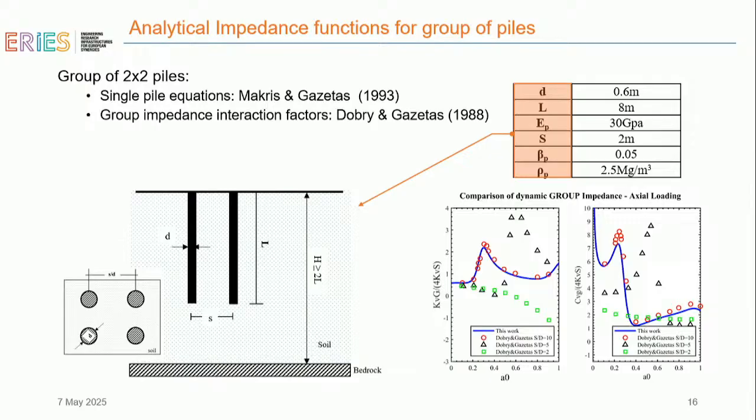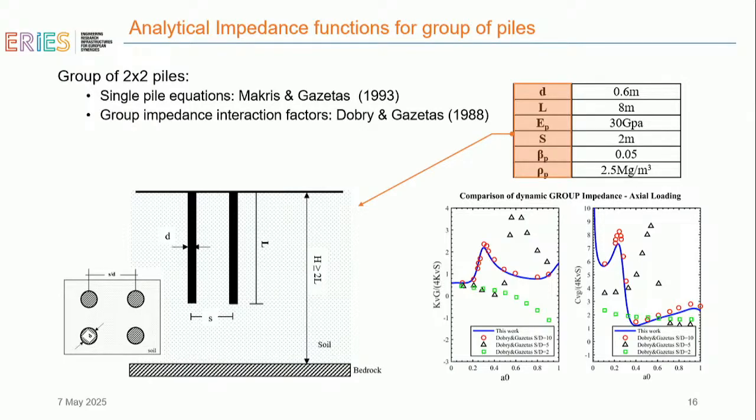We can capture quite well the response that Dobry and Gazetas in 1988 had proposed. So we found that for this specific case, these equations produce quite a good response.